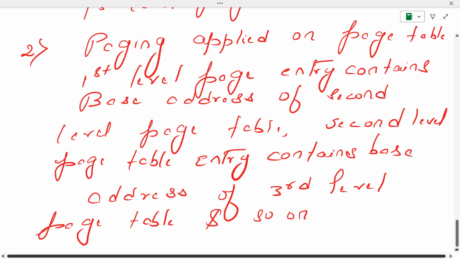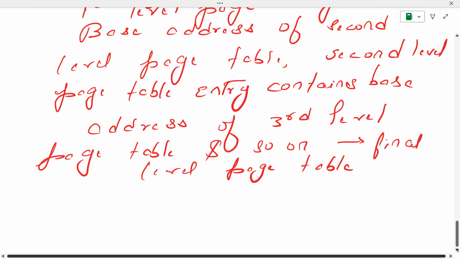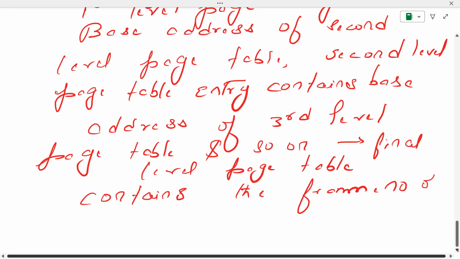And the final level page table contains the page table entry, which contains the frame number of the actual page. Okay, this is one thing.